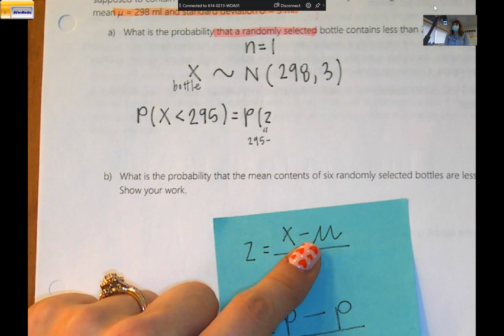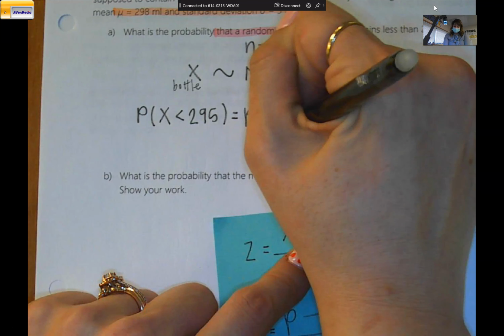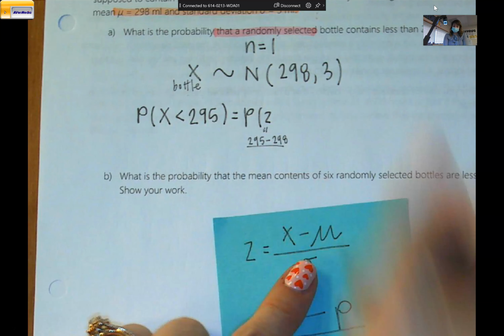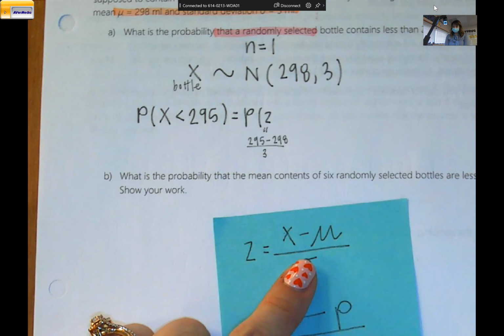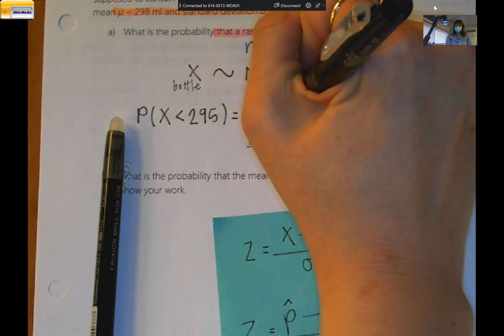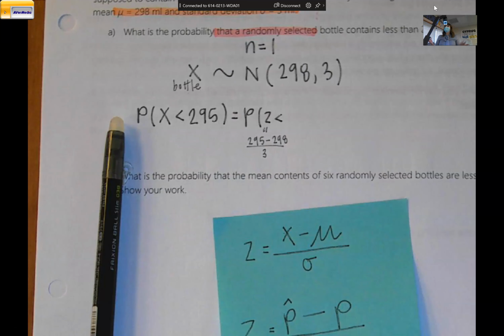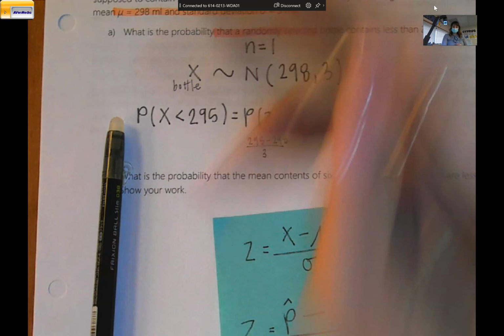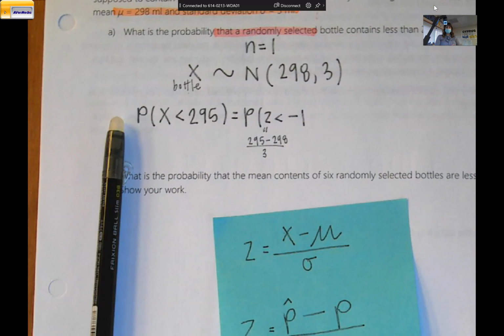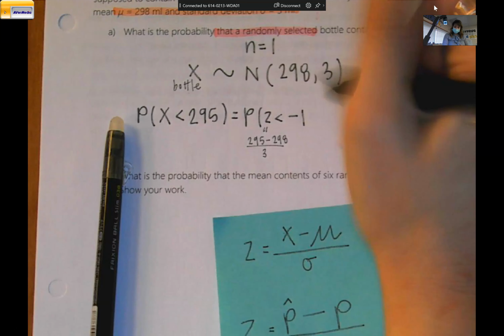My true mu is 298. And my standard deviation is 3. So I'm looking for the number of dots, essentially, that are less than, I'm getting -1. Can anybody verify that? Great.